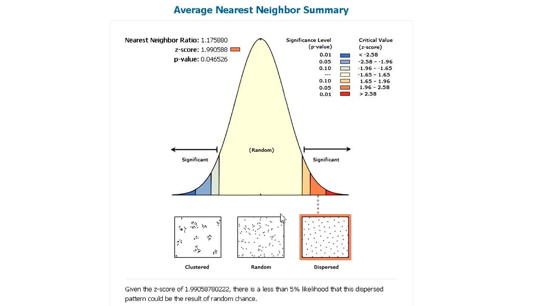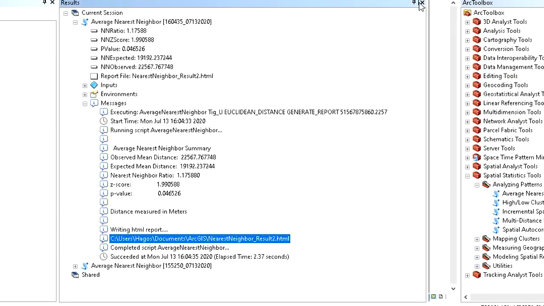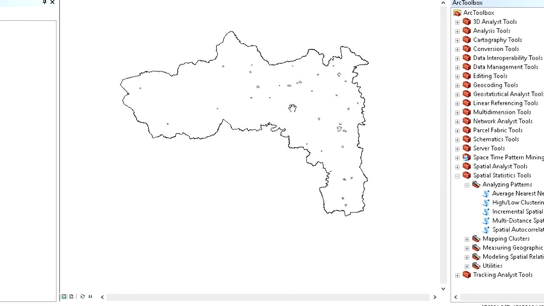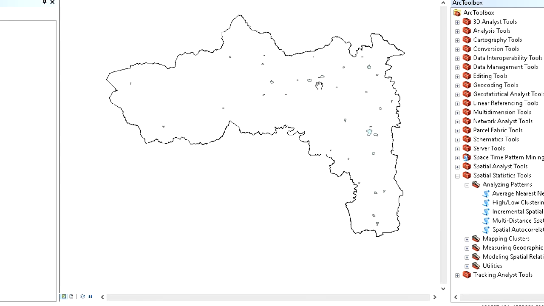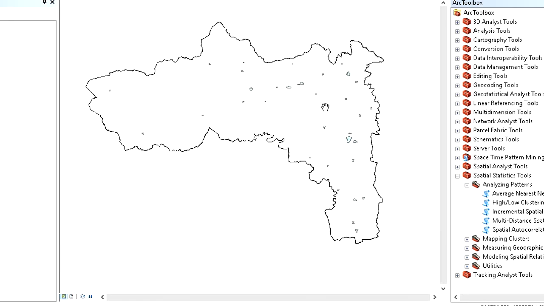There is a 5% likelihood that it could be random chance, so how much is left? The remaining is 95%. You are confident here that the pattern of urban settlements in the Tigray region is dispersed, and you are 95% confident of that.